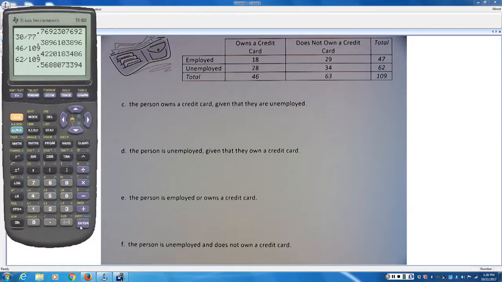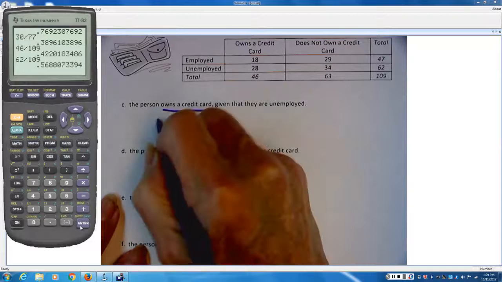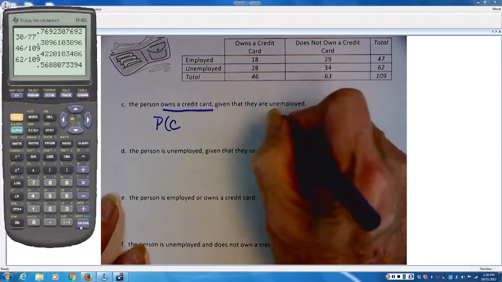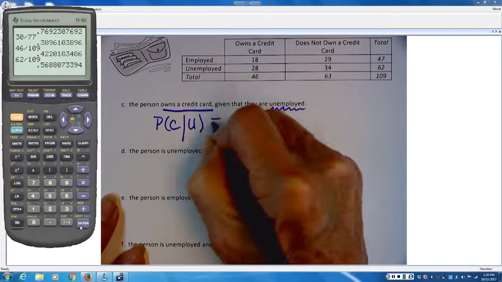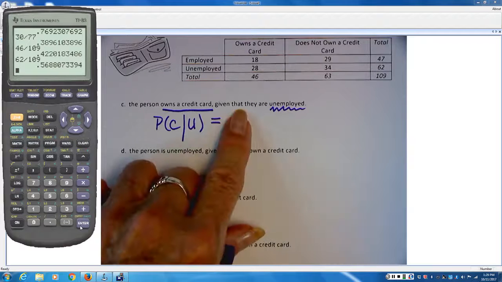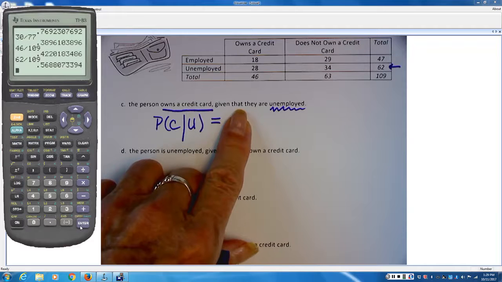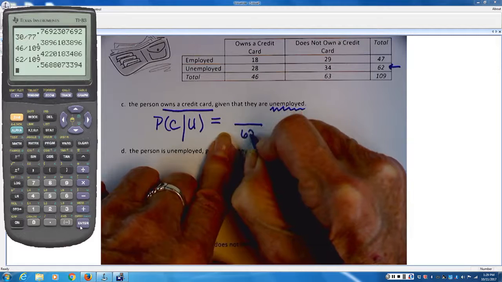The next probability is what's the probability that a person owns a credit card given that they're unemployed. So we're only looking at the unemployed people. And there are 62 unemployed people.